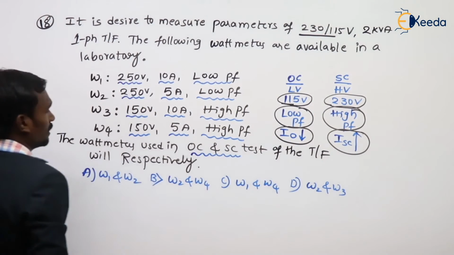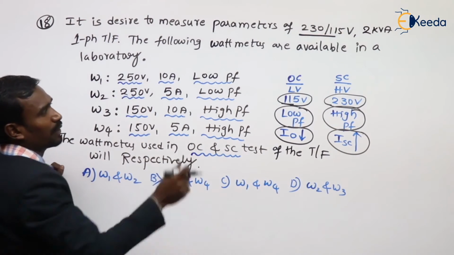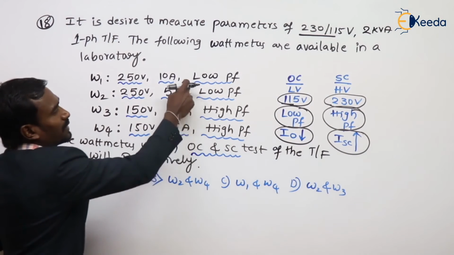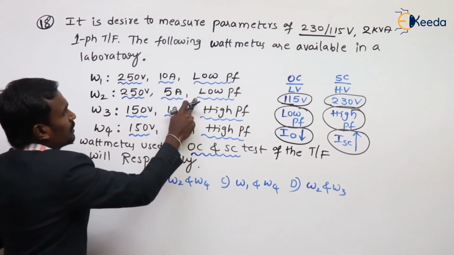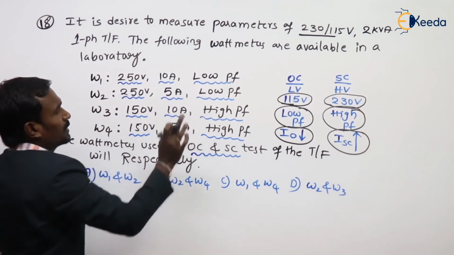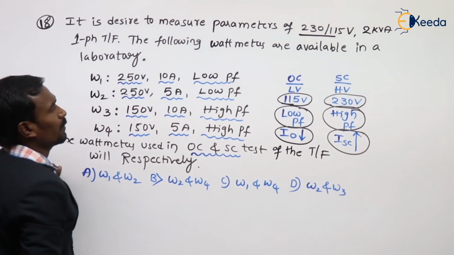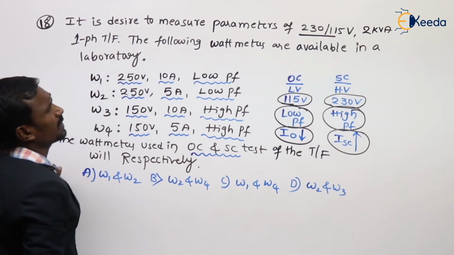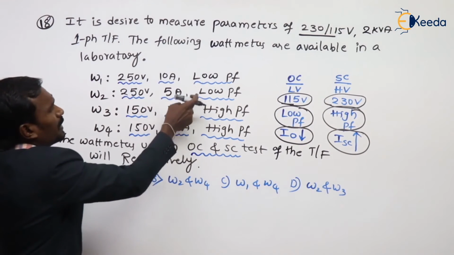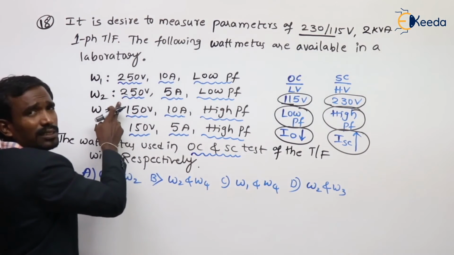Let's see. For OC, which wattmeter is preferable? First of all, for OC, low power factor is preferable, high power factor is not preferable. Actually they have given low power factor, but they have given 250 volts.